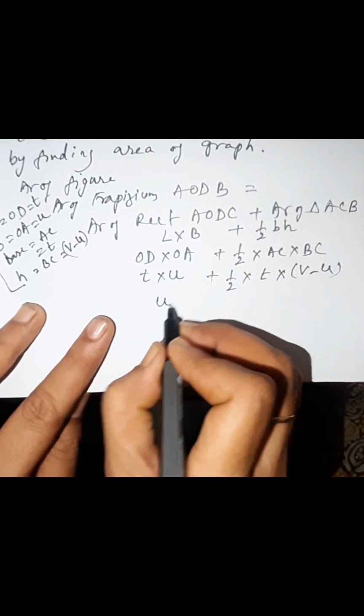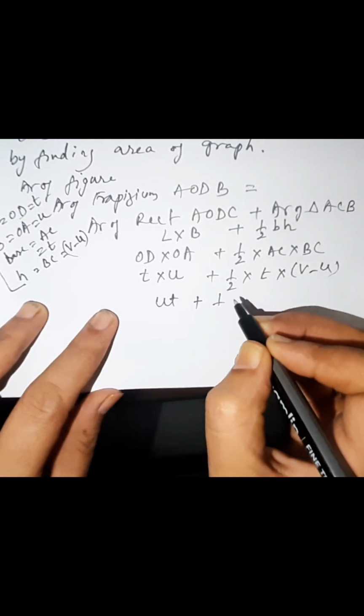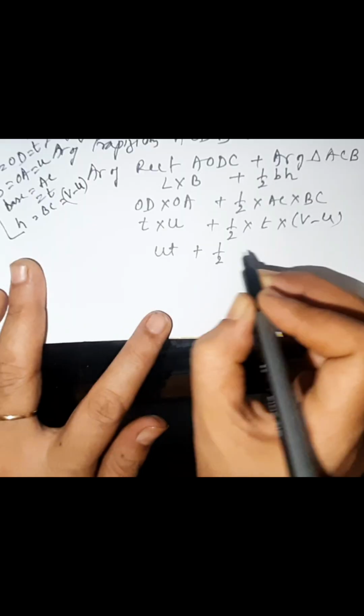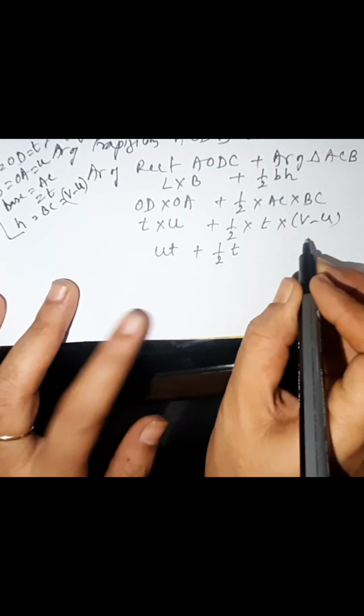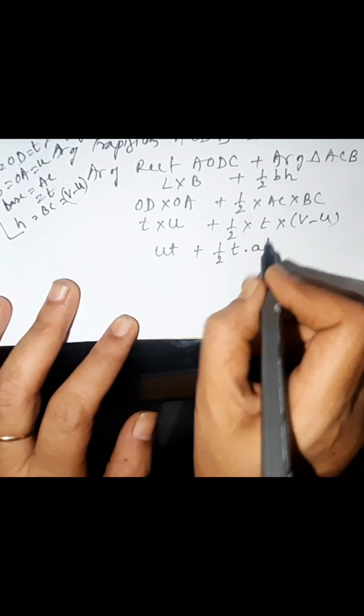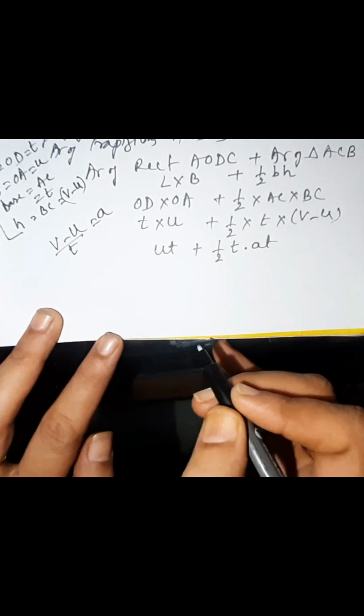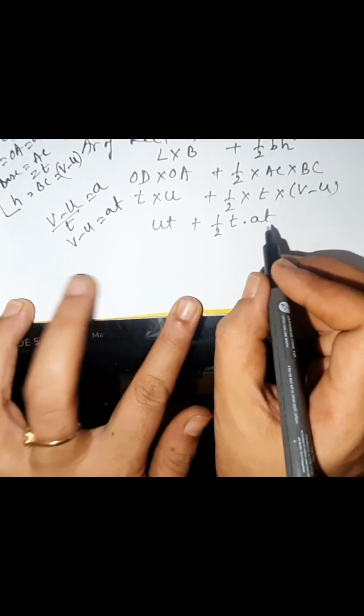Now multiply them. It's ut plus half into t into (v minus u). This we got from the first equation: (v minus u) upon t is a. If we multiply, v minus u will be at. So v minus u can be replaced by at.